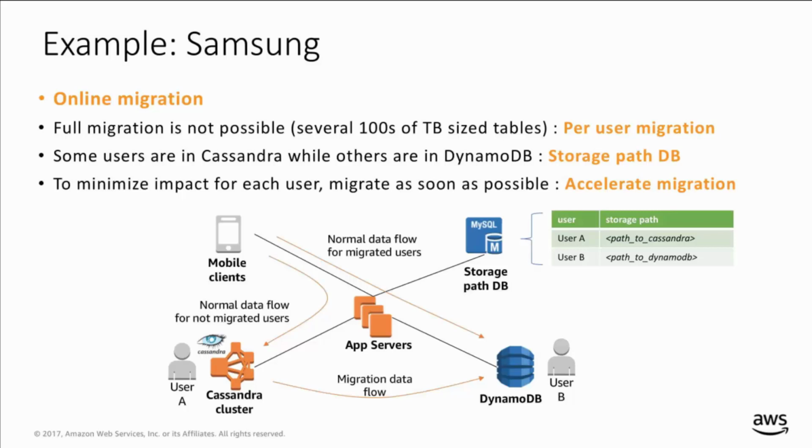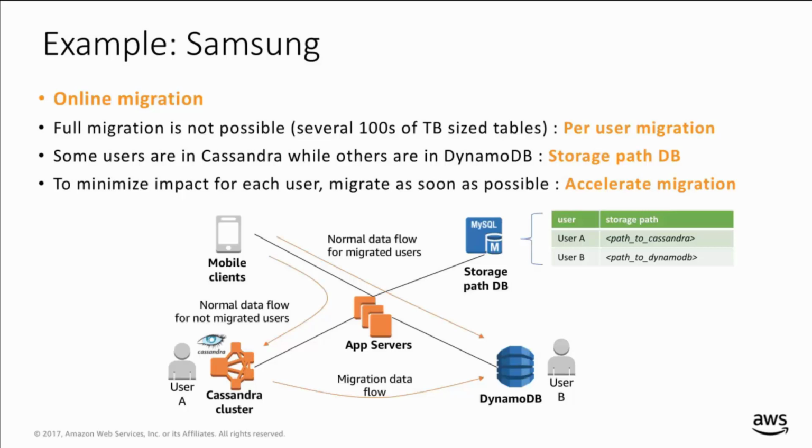During the migration, which took about 4 months, the actual data migration, some users were still in Cassandra while others were in DynamoDB. Because of that, they had what they call a storage path DB so that they could tell where to find a particular user. And then to minimize impact for each user, they migrated those users as soon as possible.